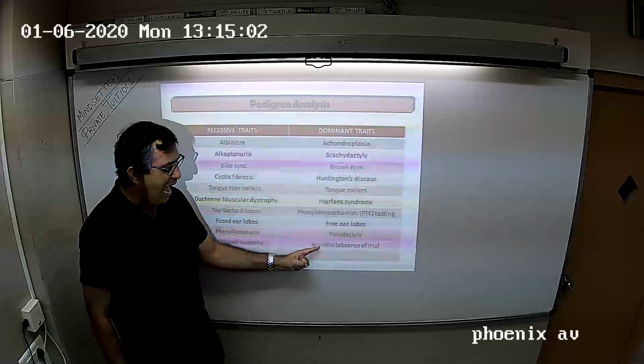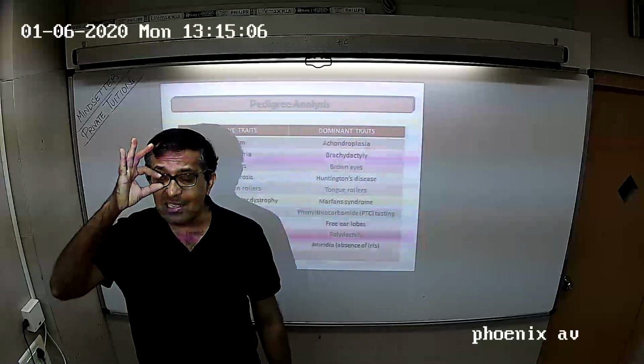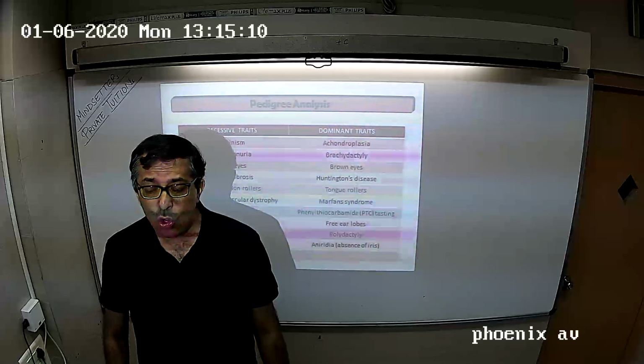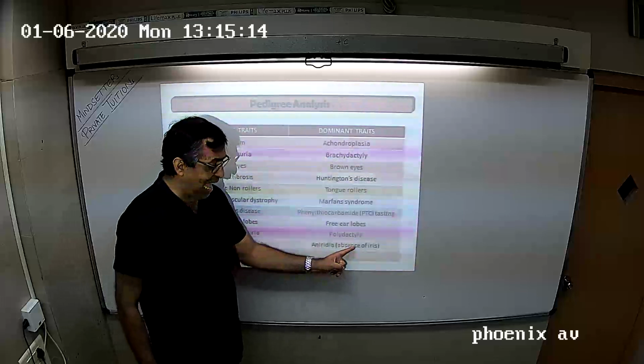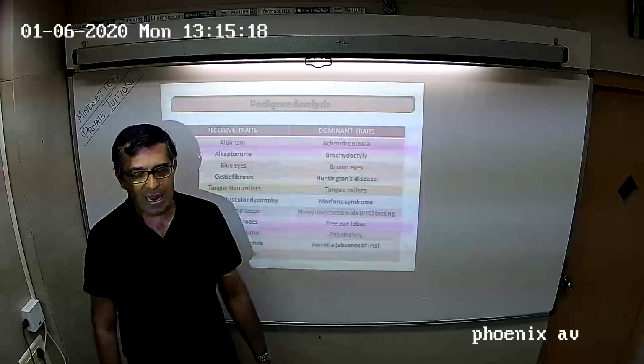And you have aniridia, absence of iris. The iris does not develop, too much light will enter, क्योंकि pupil बहुत बड़ा हो जाएगा, and that is called as aniridia, absence of iris, which is an autosomal dominant trait.